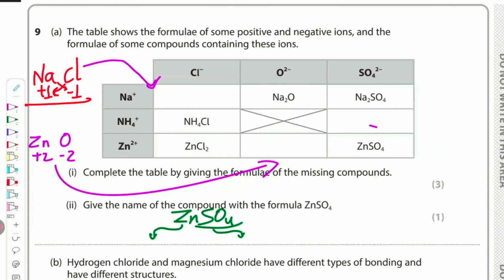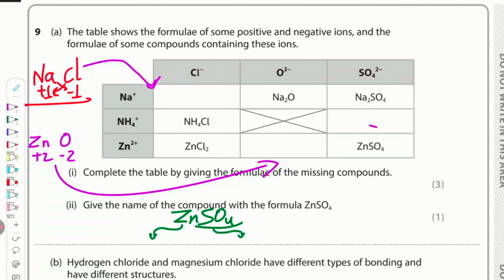The question number 9 here is: the table shows the formula of some positive and negative ions and the formula of some compounds containing these ions. The question is, complete the table by giving the formulae of the missing compounds.